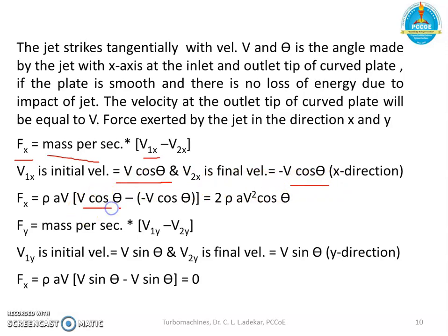So v cos theta minus of minus v cos theta becomes 2 rho a v square cos theta. And if you want to calculate Fy, that is force in y direction, the initial velocity in y direction is v sin theta and the final velocity in y direction is v sin theta. So that becomes 0. In this case Fy becomes 0.